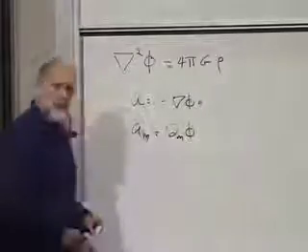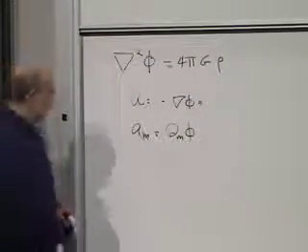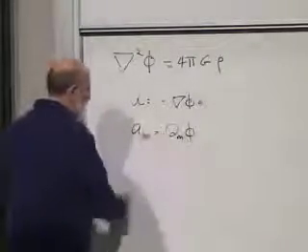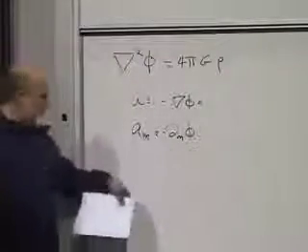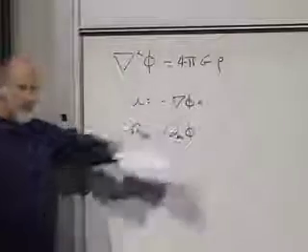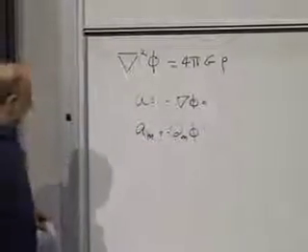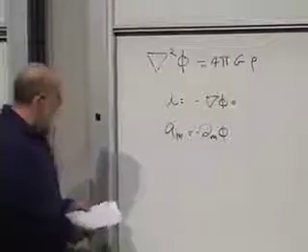Is it minus or plus? Minus, I think. That's F equals ma, except dividing by m. Acceleration is minus the gradient of the potential. Okay, so we have that.